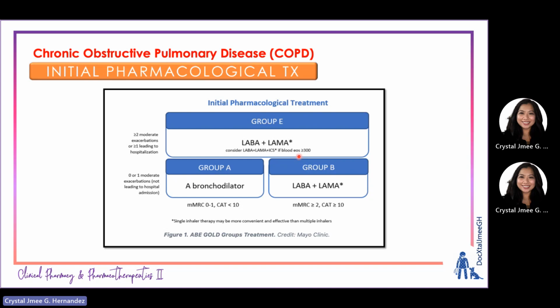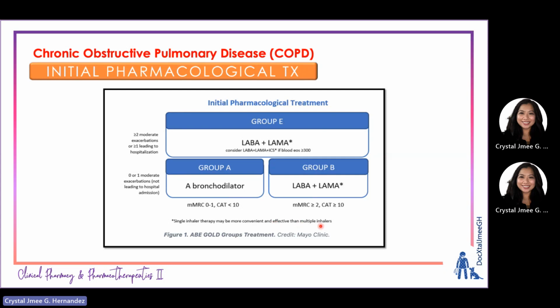If blood eosinophils is more than 300, we need to consider adding corticosteroids. For group A, we consider a bronchodilator, and for group B, a LABA and LAMA. So remember that in group E and group B for the LABA and LAMA, a single inhaler therapy may be more convenient and effective than multiple inhalers.